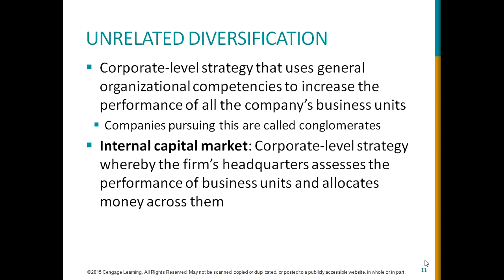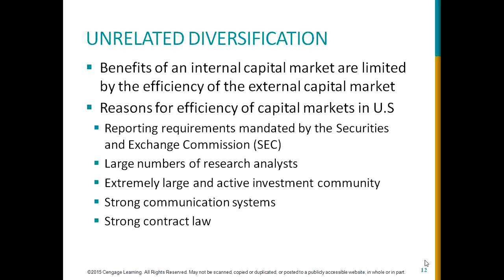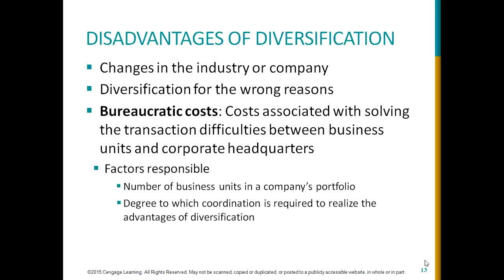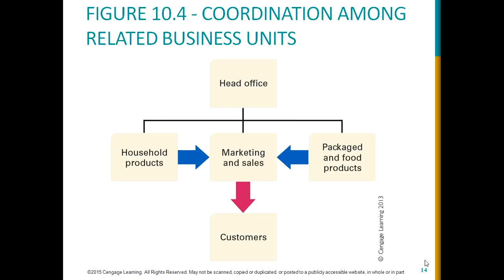An internal capital market is a corporate level strategy where the firm's headquarters assesses the performance of business units and allocates money across them. Unrelated benefits for internal capital exporting, you can read this, an advantage. These are some of the disadvantages. Then coordination among related business units.